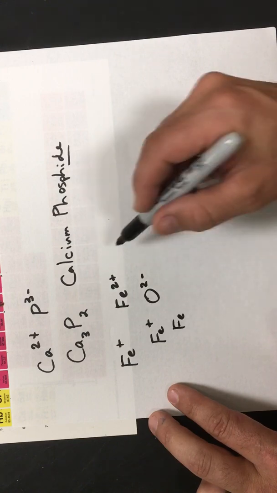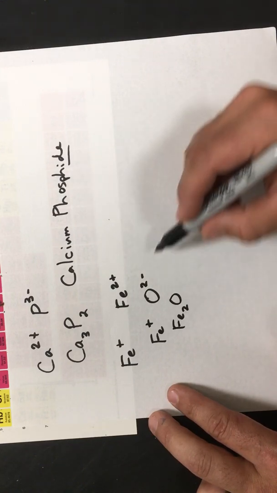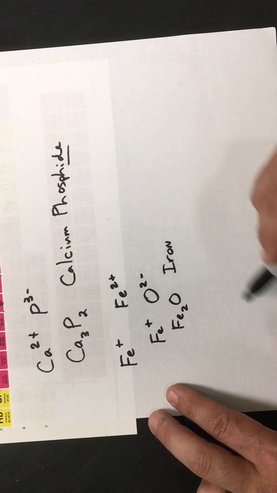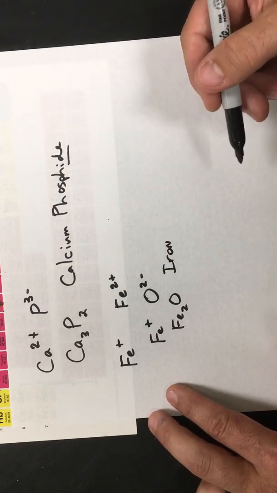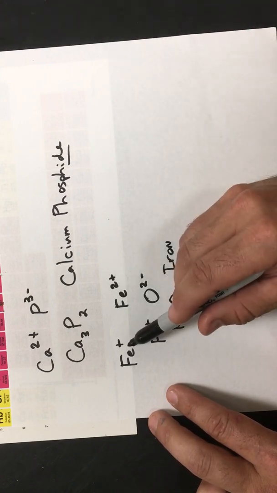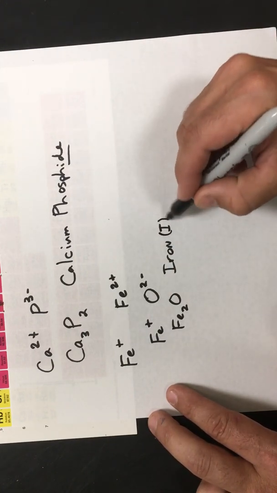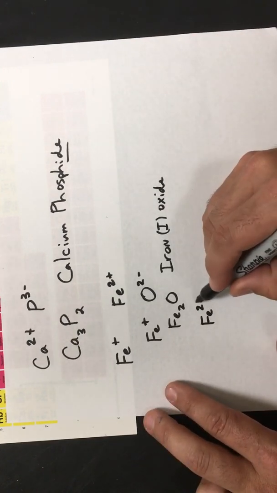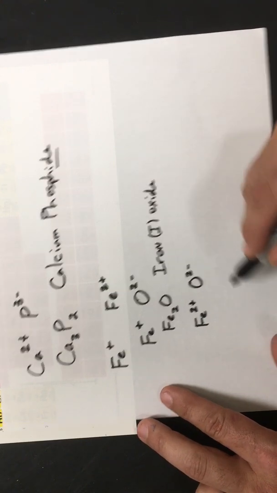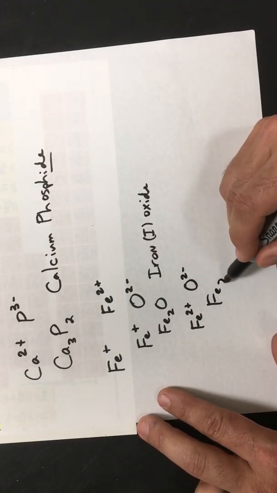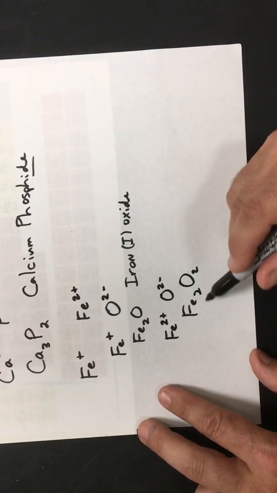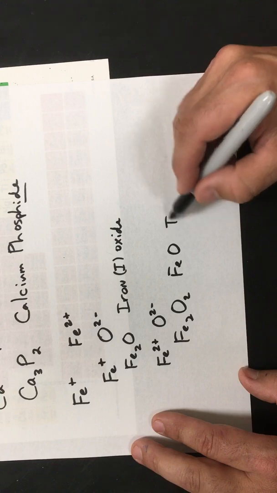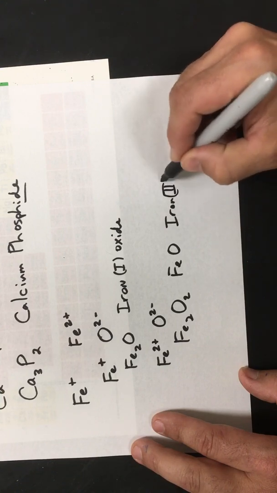We'd have Fe, the 2 comes down here, O, and then because of those multiple ionization states, we have to call that iron. We have to have a Roman numeral to signify which iron we're dealing with. So we go back and we look at the charge, that's iron 1, so iron 1 oxide. Iron 2 oxide, we have Fe2 plus O2 minus, Fe, bring the 2, O2, but then that's a 1-to-1 ratio, so you'd say FeO, and then in naming that, we would say iron 2 oxide.